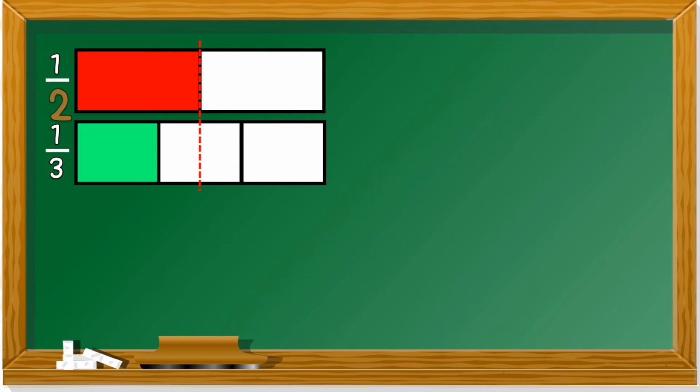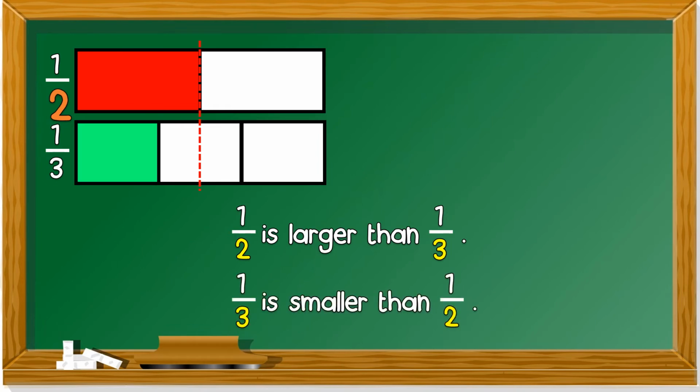So you see 1/2 is larger than 1/3 because it's longer. The shaded area is larger. You can say 1/2 is larger than 1/3. Or 1/3 is smaller than 1/2.